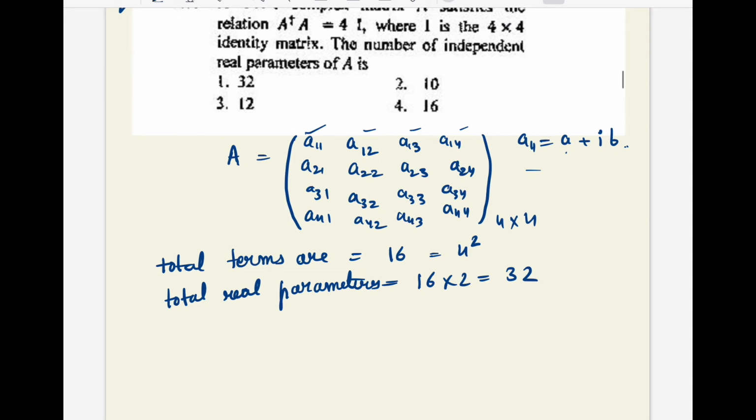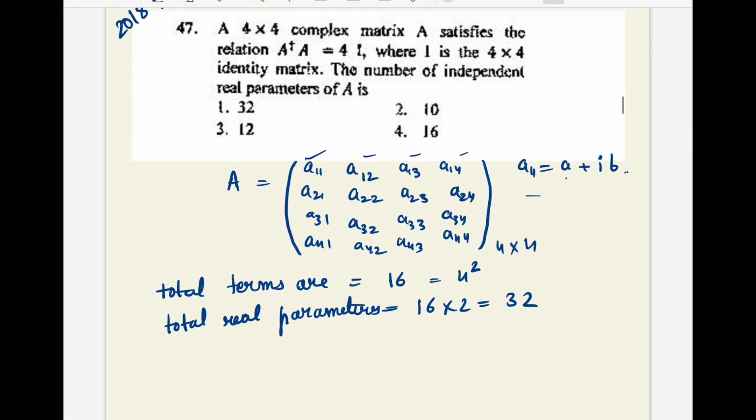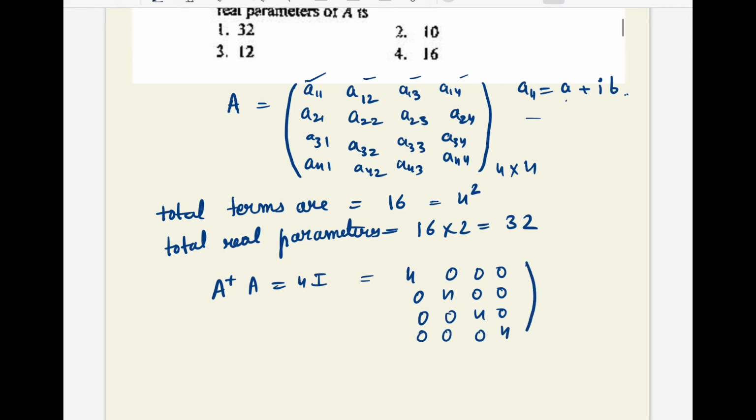Okay, now the condition: it says that A is a complex matrix which satisfies this relation. So when we have A dagger A equals 4I, this becomes 4 0 0 0, 0 4 0 0, 0 0 4 0, 0 0 0 4. So this is the matrix; when we multiply A dagger and A, this gives us 4I, that is 4 multiplied by the unit matrix.